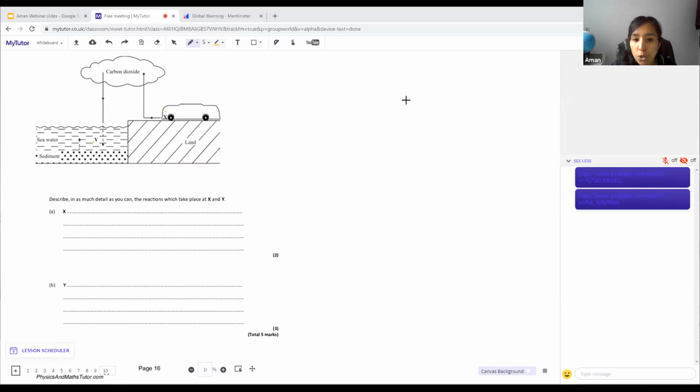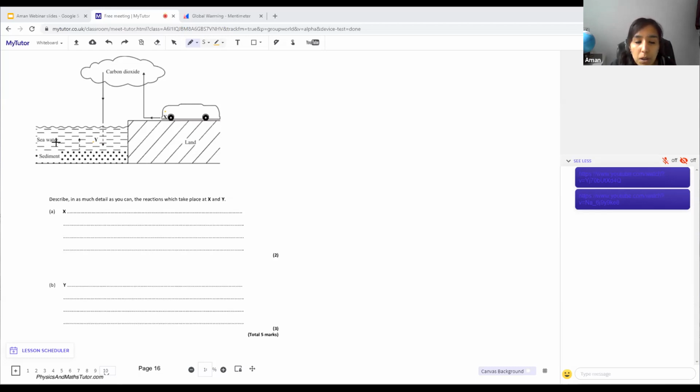And when it dissolves in oceans, essentially what's happening is it's reacting with metal oxides in the ocean to produce metal carbonates. So there's a lot of limestone in the oceans, and that's what this sediment here is. It's limestone produced from carbon dioxide reacting with calcium oxide to produce calcium carbonate.